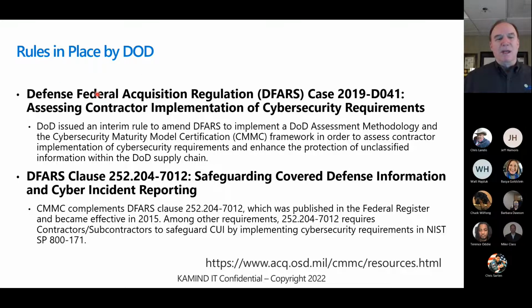What slipped under the radar for most of us is this DFARS clause that's in almost everybody's contract now, 252.204-7012. It's important because these are the monitoring requirements you need to put in place to manage CUI in your environment.